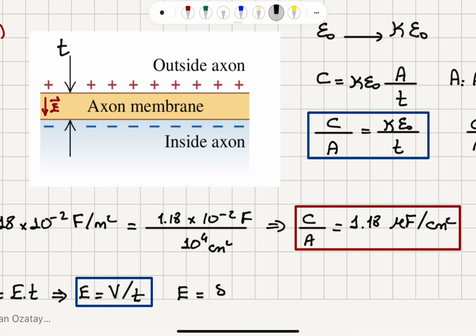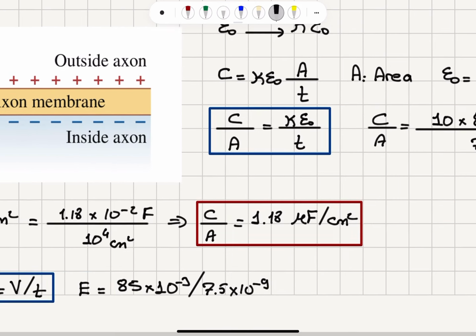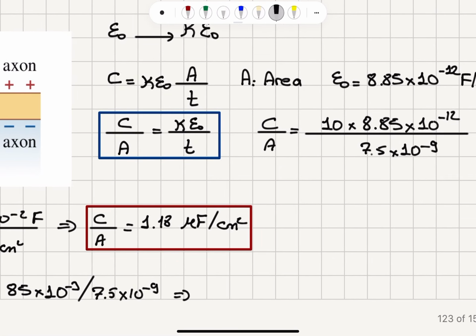Because the potential difference is 85 millivolts, 85 times 10 to minus 3 volts, divided by the separation 7.5 times 10 to minus 9 meters, 7.5 nanometers. That gives me an electric field magnitude 1.13 times 10 to 7 volts per meter.